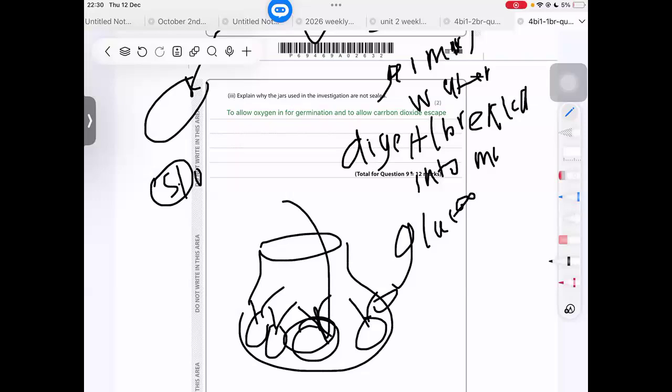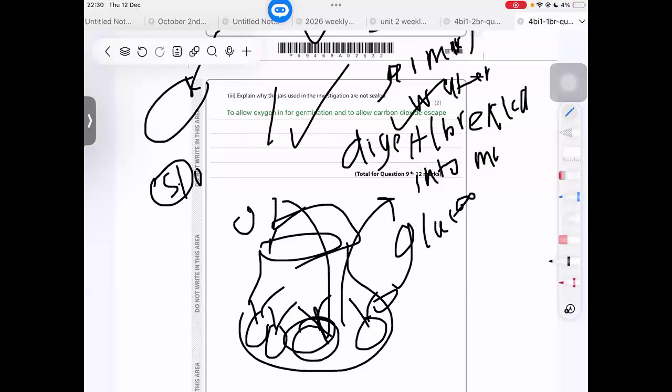Both photosynthesis and respiration take place, but in a germinating seed, we mainly consider the respiration process. So to allow this respiration, oxygen should enter into these cells, and carbon dioxide should escape. Because of this, we can't have the jar closed. So to allow the oxygen in for germination, that's highly important, and to allow the carbon dioxide to escape, you get 2 marks.